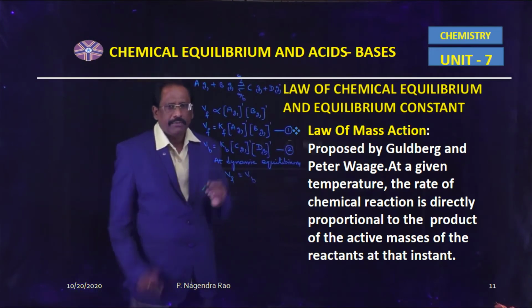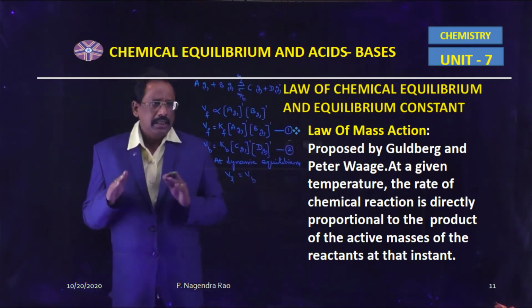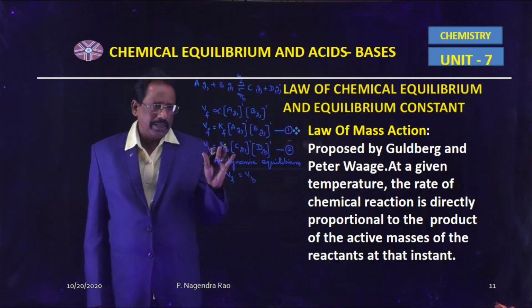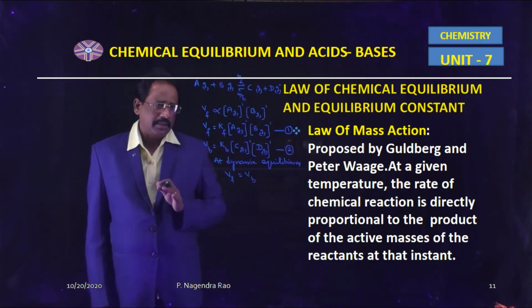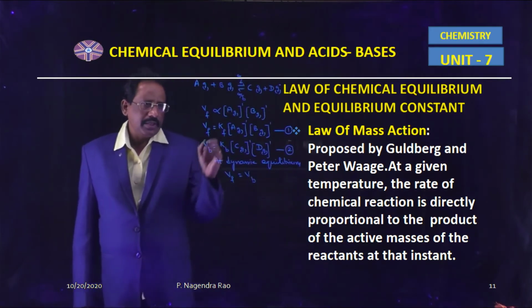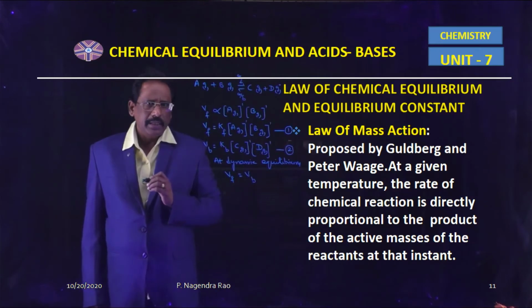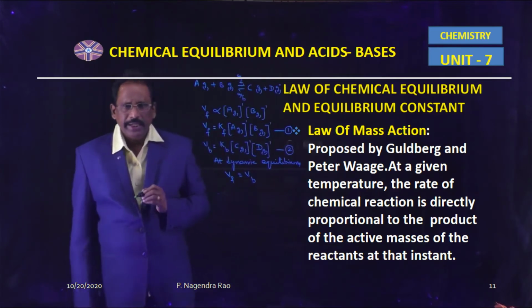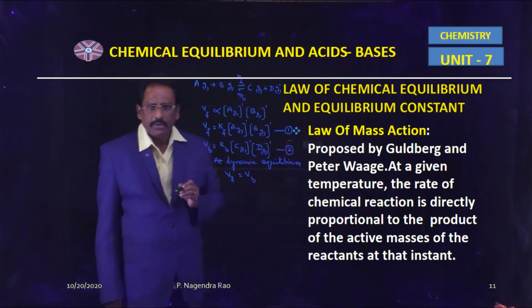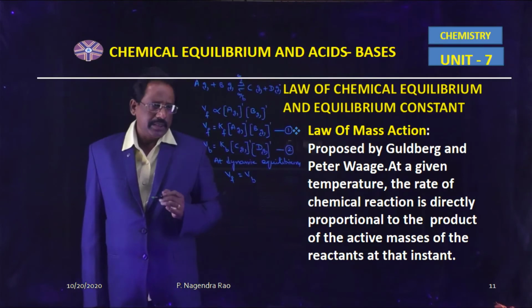The rate of the forward reaction is exactly equal to the rate of the backward reaction. In the first equation, Kf indicates the equilibrium constant of the forward reaction, and Kb indicates the equilibrium constant of the backward reaction.